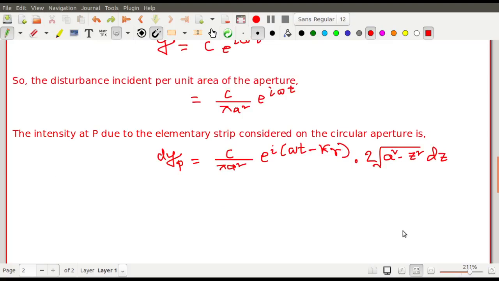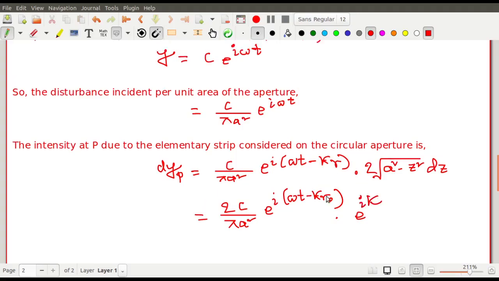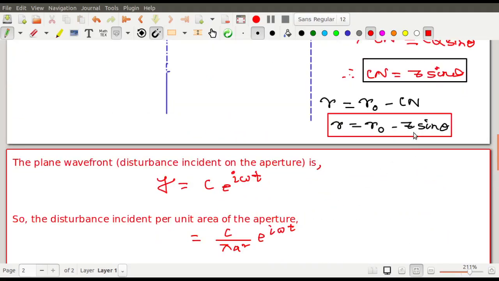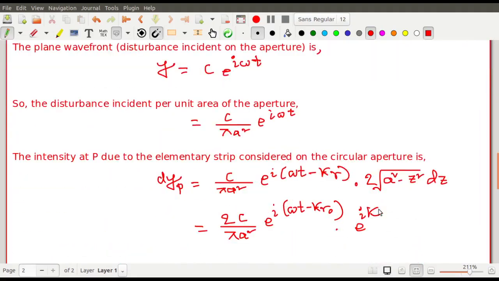Once this part is completed, I can write 2c by pi a square e to the power i omega t minus k r0, and there should be some e to the power i k, because you know that r is r0 minus z sin theta, so that is another term, i k z sin theta.